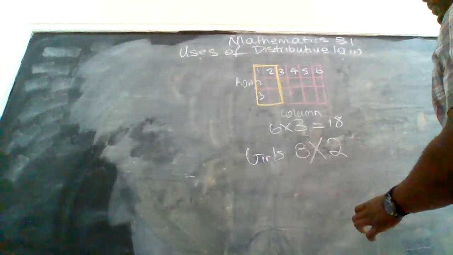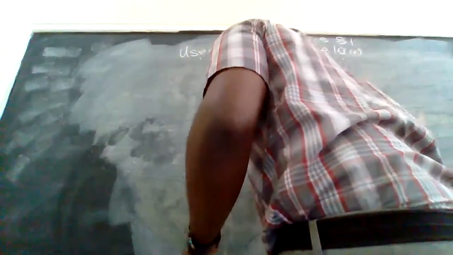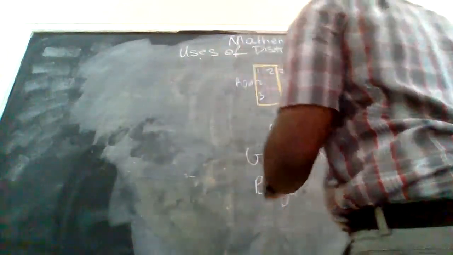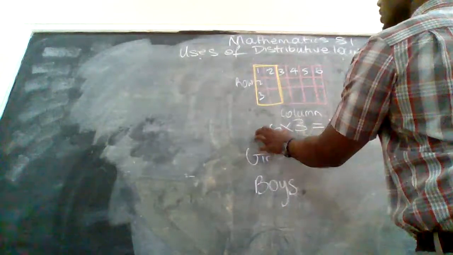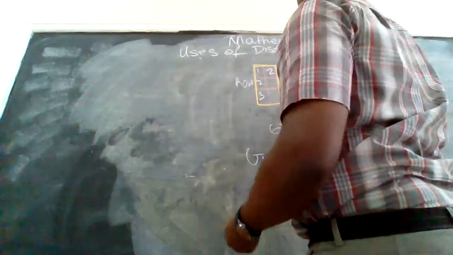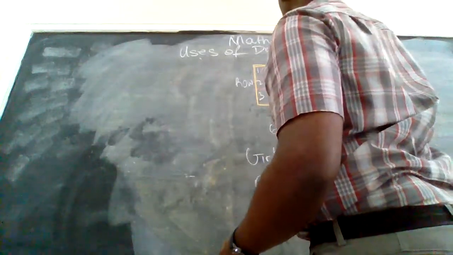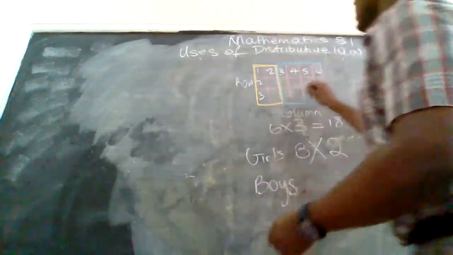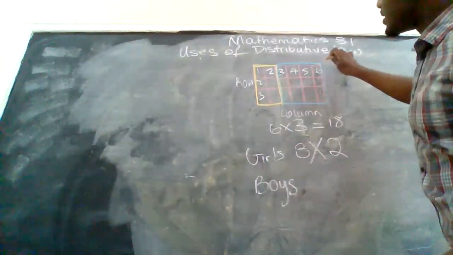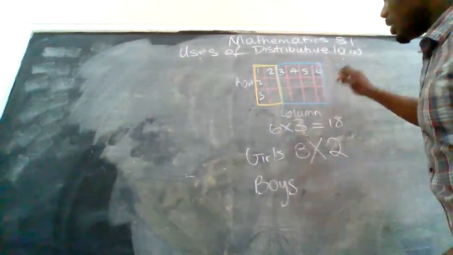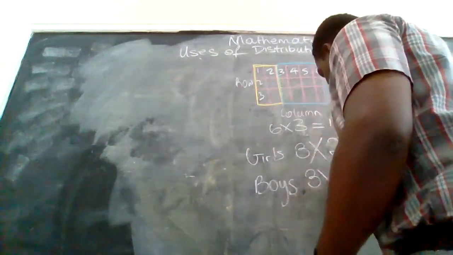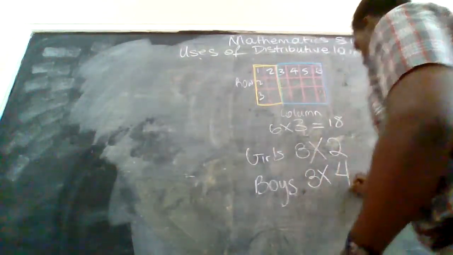The boys get no longer 6 columns but 4 columns, but they still get the same 3 rows. So it's going to be 3 times 4.